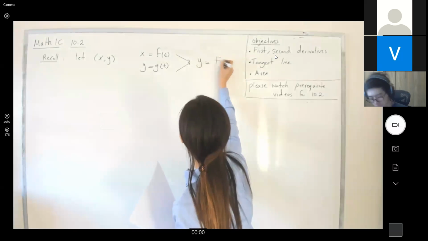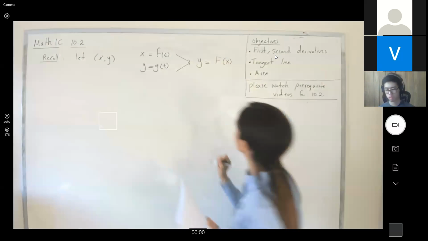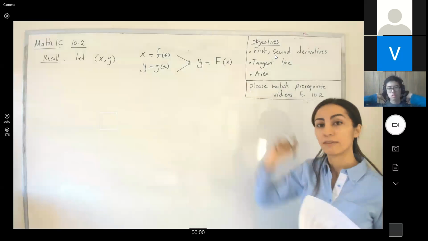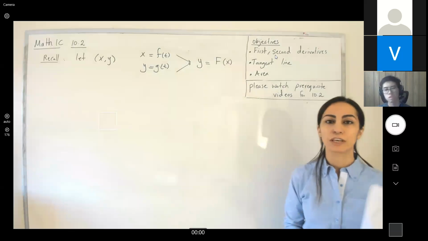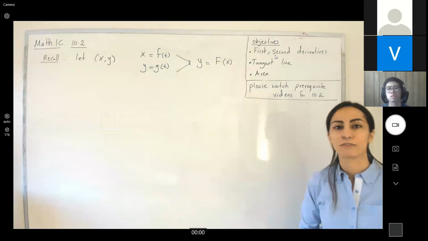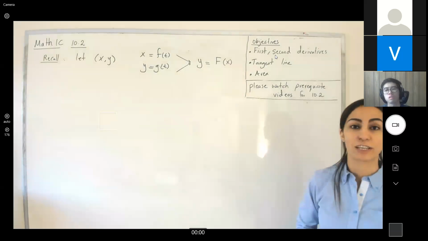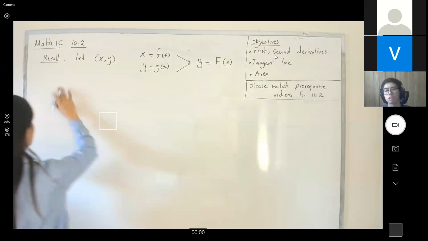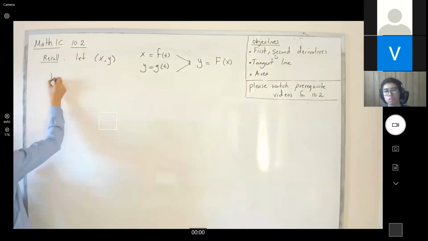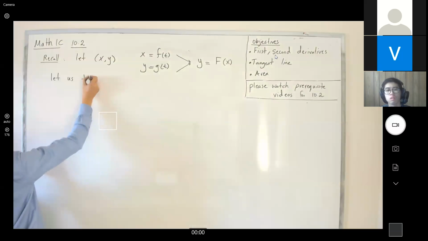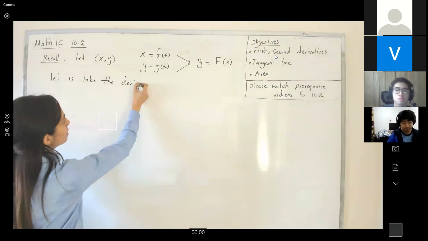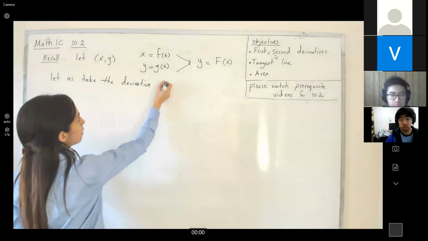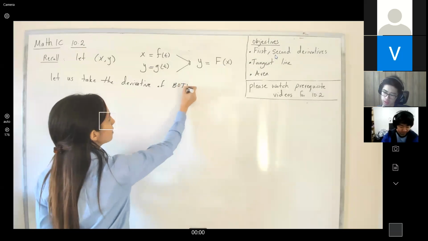f of x. So now that we have a relation between x and y, we can talk about the first derivative and the second derivative of this parameterized curve. Okay, so let us take the derivative of both sides.